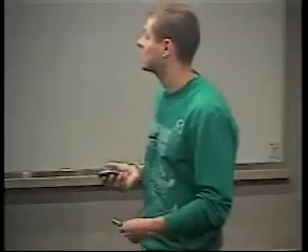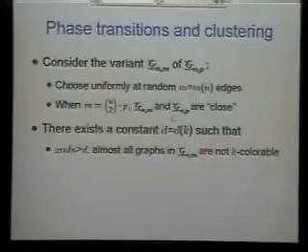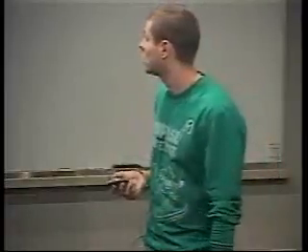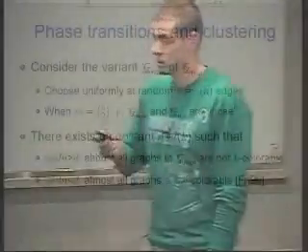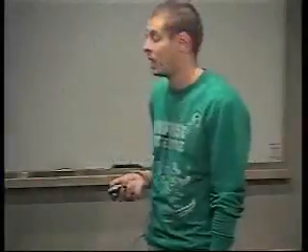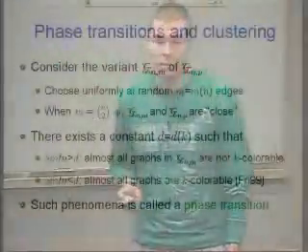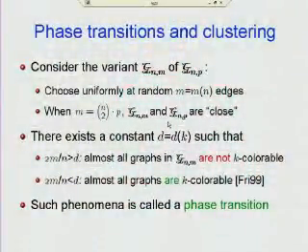So you have a constant, and if the average degree of the graph is higher than this constant, almost all such graphs will not be k-colorable. If the average degree is smaller than this constant, a typical graph will be k-colorable. This is due to Ehud Friedgut, and this is one example of a phase transition.